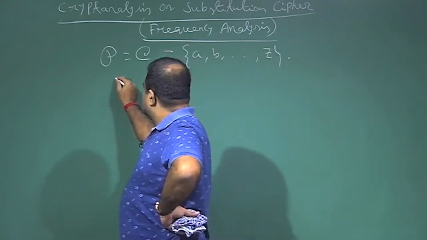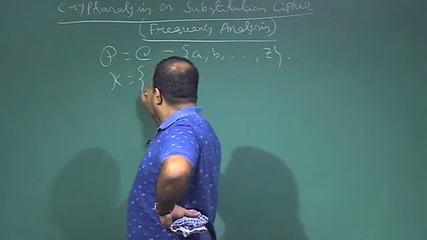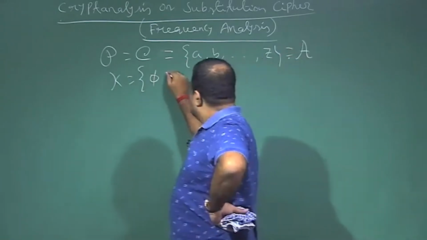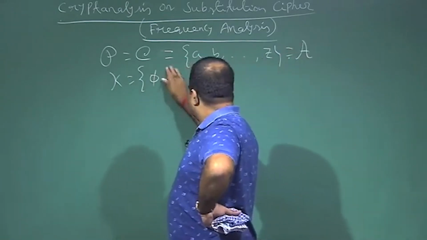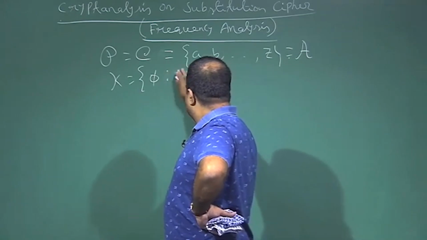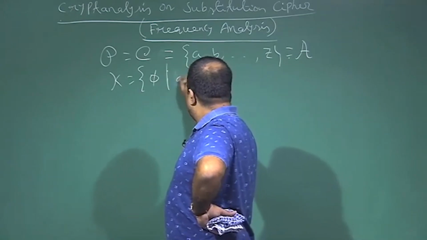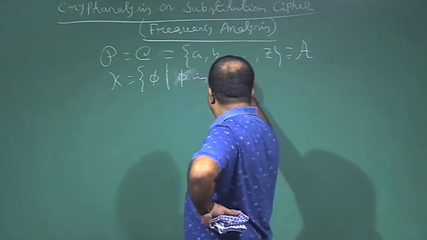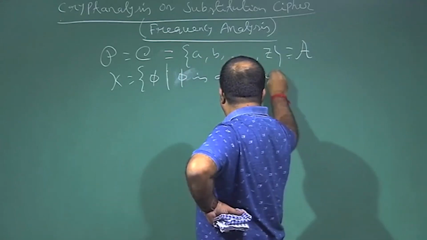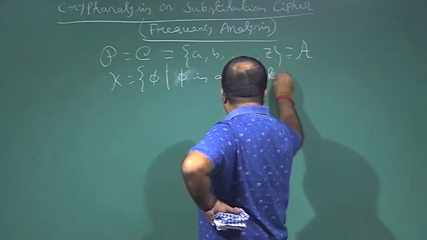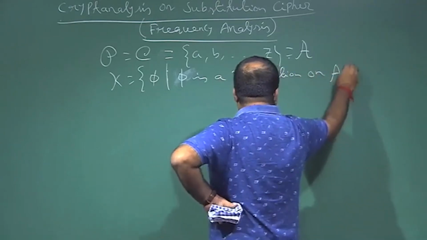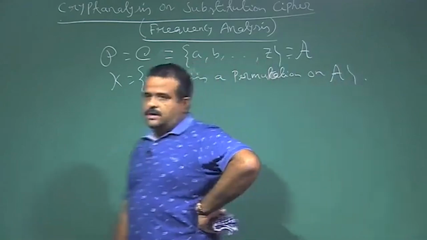And the key space is basically the set of all permutations phi on A, where A denotes the set of all alphabets, and phi is a permutation on A. So, it is basically a bijective mapping from A to A.